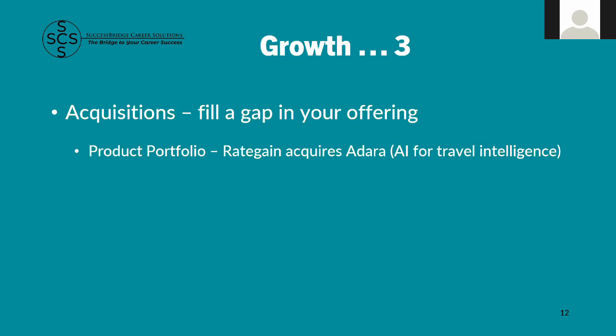Depending on how the customer is searching, it provides new suggestions, tracks their actions and provides new insights to the hotels and airline companies. That is called travel intent. Now Adara makes AI products for travel intelligence, and so the thought process was that RateGain would gain a lot by incorporating the Adara AI product into their product portfolio.